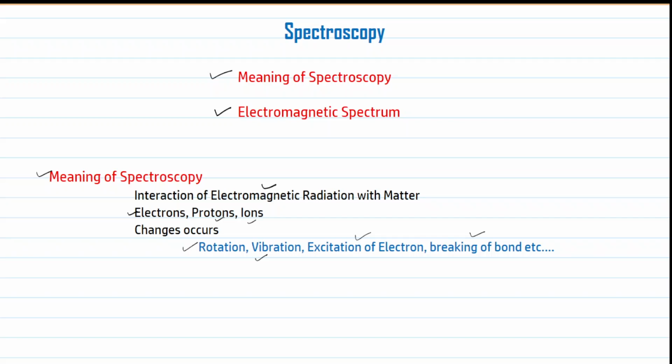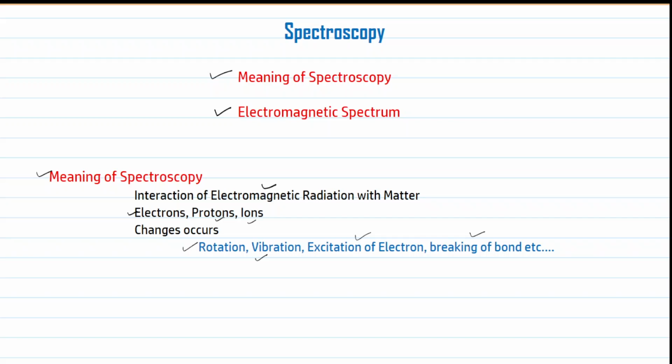In addition to this, when magnetic nuclei are present in the molecule, then those magnetic nuclei may be excited to higher energy levels. These changes depend upon the nature of the electromagnetic radiation, what is the energy of that electromagnetic radiation, and what is the wavelength of that electromagnetic radiation.